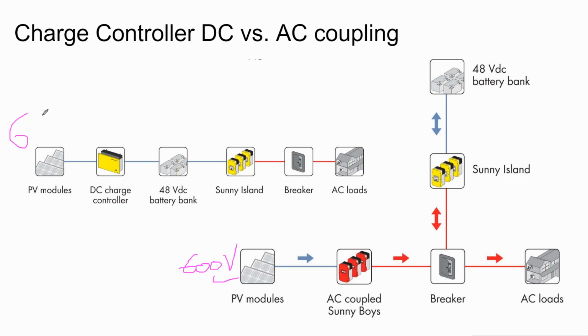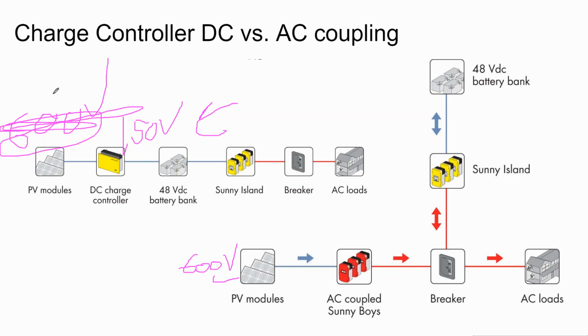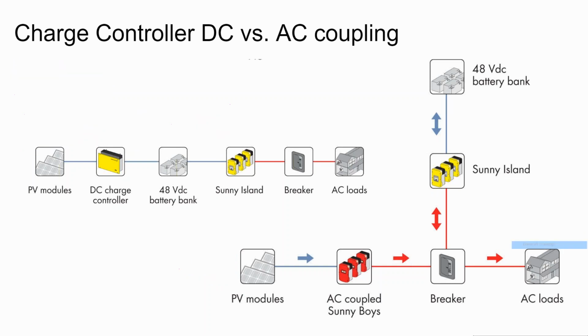Well, if I have a 600 volt circuit and I try and wire it to a 150 volt charge controller, I'm going to burn up my charge controller. It's not going to work. And so if I have a 150 volt charge controller, what that means is I can't do 600 volt circuits. I'd have to do 150 volt circuits.